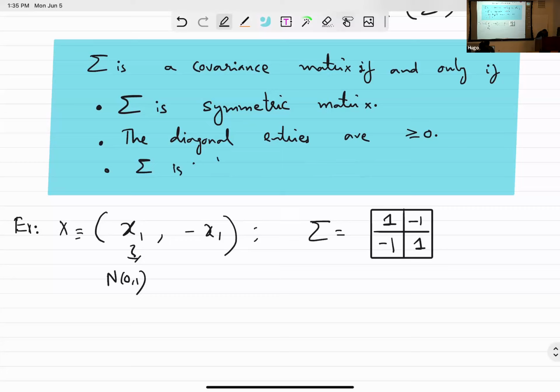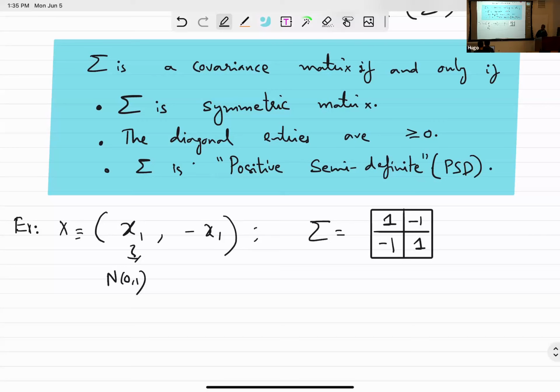Sigma is quote unquote positive semi-definite, or PSD. As far as matrices go, this is perhaps the most important class of matrices after symmetric matrices.